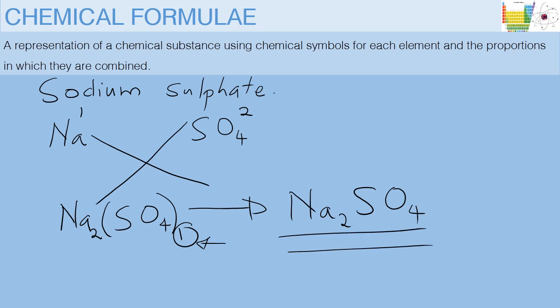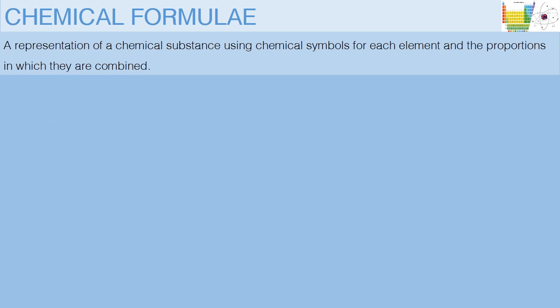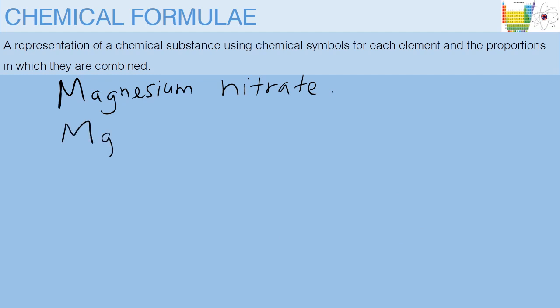Again, very easy. Let's find another example. Another example is magnesium nitrate. It contains magnesium and nitrate. The valency of magnesium is 2, that of nitrate is 1.